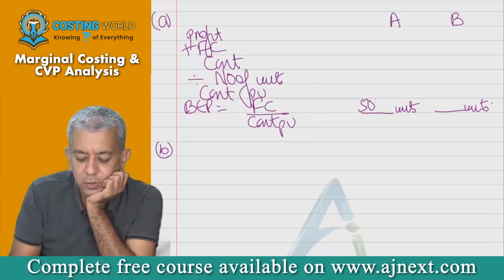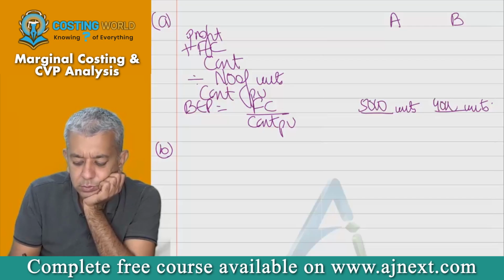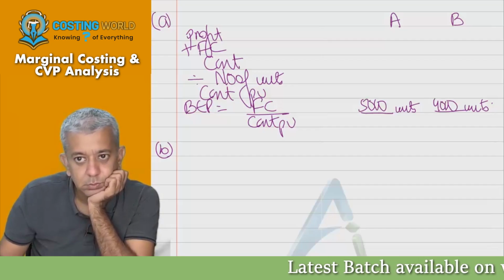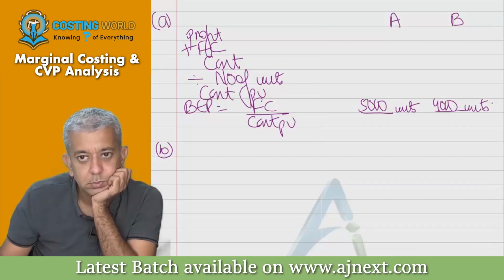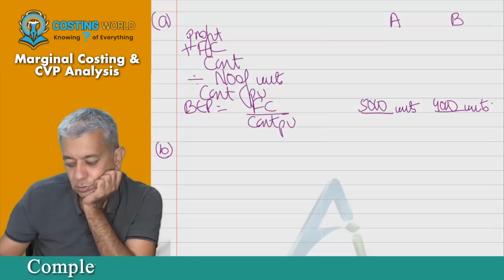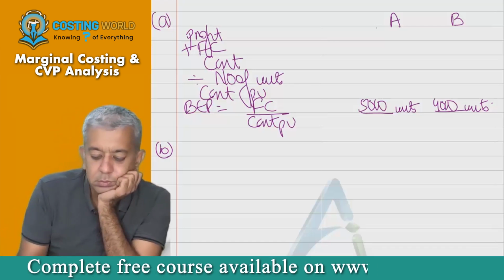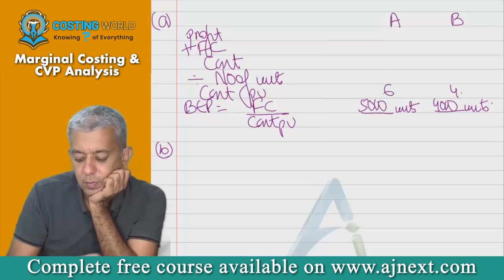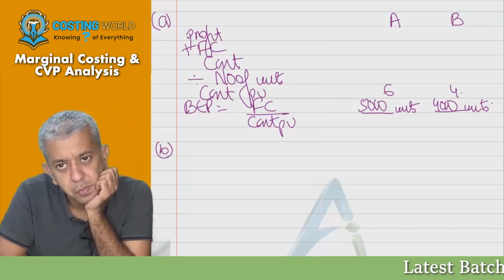Answer will be 5,000 and 4,000. Can I proceed?